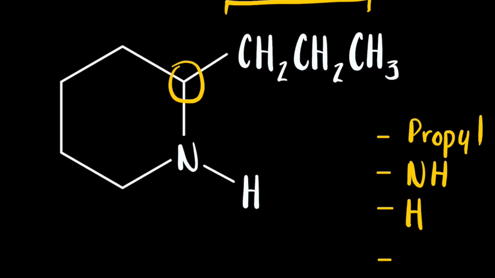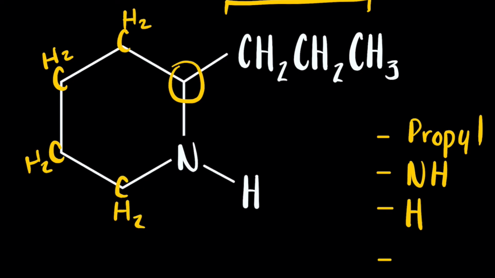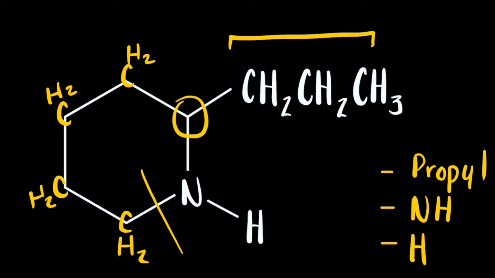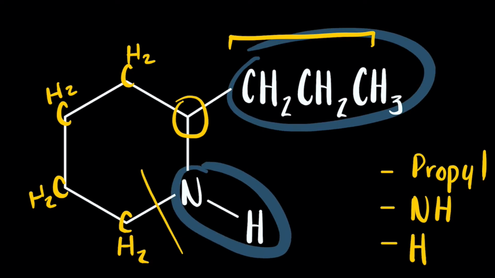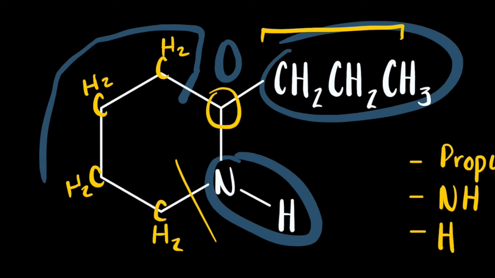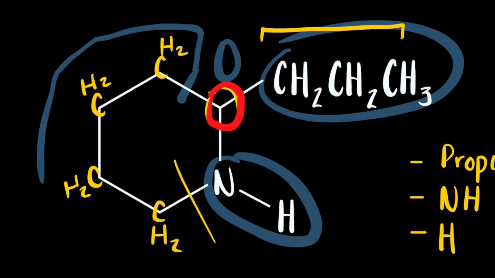So the CH2, the CH2, CH2, and the CH2. So it's bonded to one group right here, another group right here, a hydrogen out here, and the rest of the chain. So that middle carbon atom right here would be our chirality center.